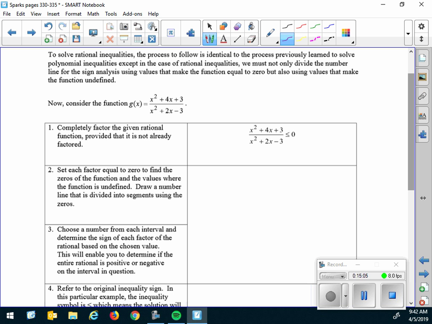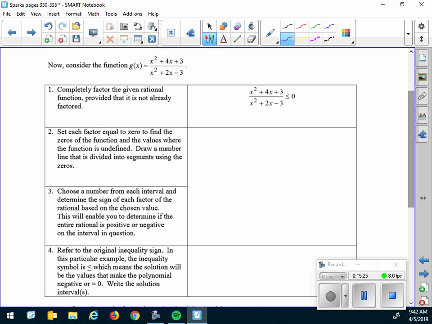We have done this before, except in the case of rational inequalities, we must not only divide the number line for sign analysis using values that make the function equal to 0, but also using values that make the function undefined. Now, that may sound like the Charlie Brown teacher, wah wah wah. I promise it's easy.